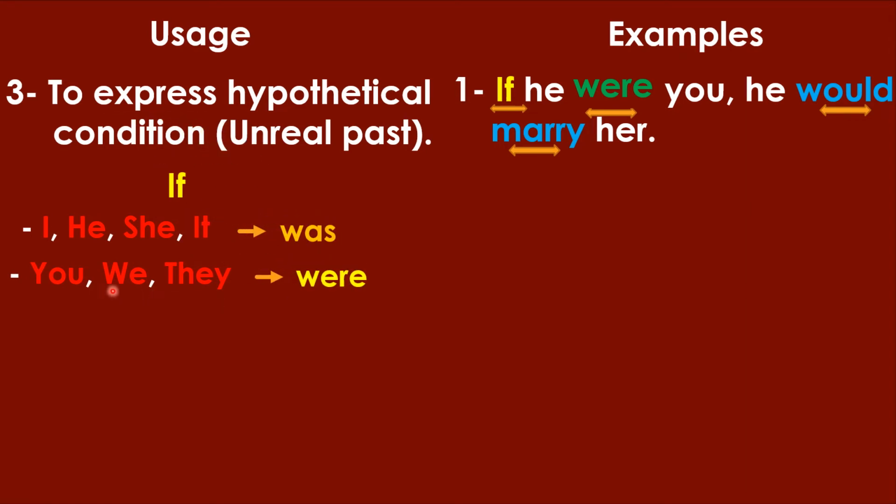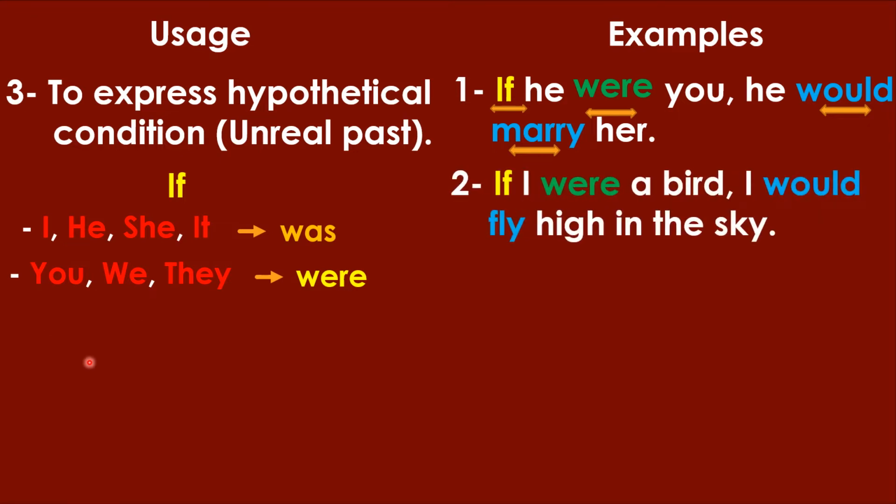Okay? طبعا you, we و they بياخدوا were في الماضي البسيط. But in this case, the second conditional, the unreal past, we're going to use were with all subject pronouns or all subjects. في الحالة دي هنستخدم were مع كل الضمائر سواء مفرد أو جمع أو مع أي فاعل مفرد أو فاعل جمع. Okay.